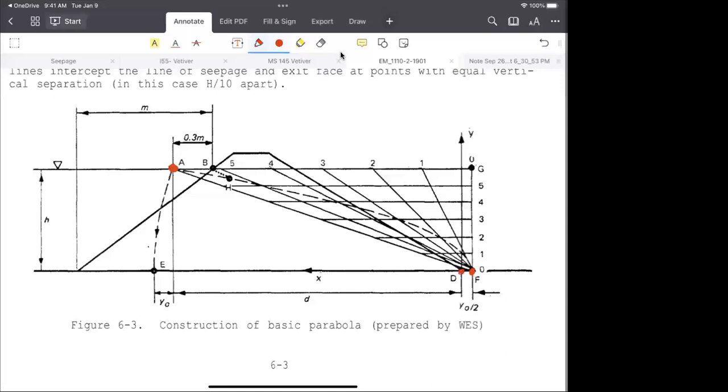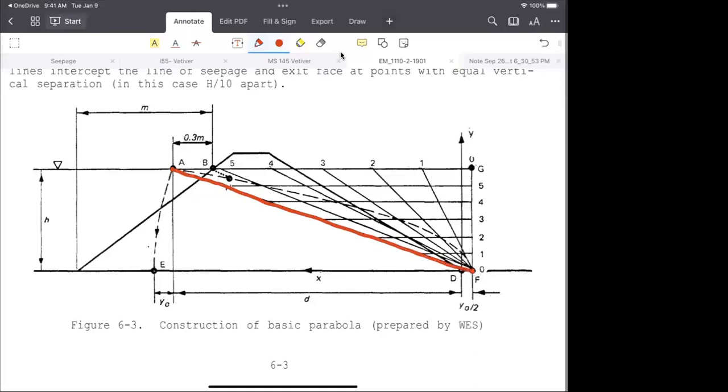Then you have point A and point F. The very first thing you need to do is draw a line between G and A. We take a scale or ruler and draw the line.